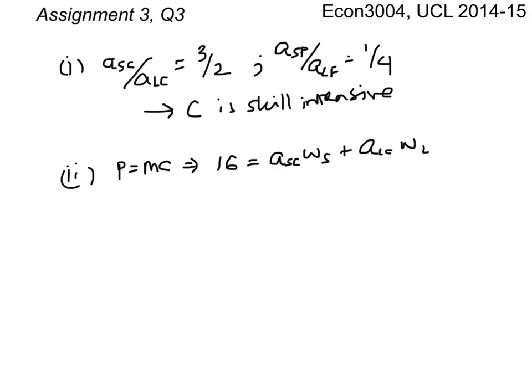Similarly, in food, world price is equal to 12. That's equal to the marginal cost, the amount of skilled labor being used, and that's the cost of that, plus the amount of unskilled labor being used times the cost of that.